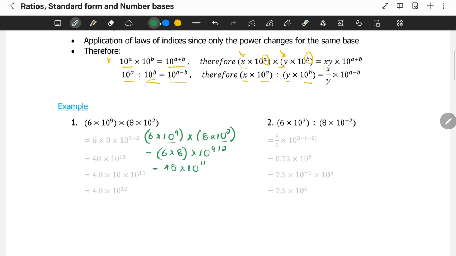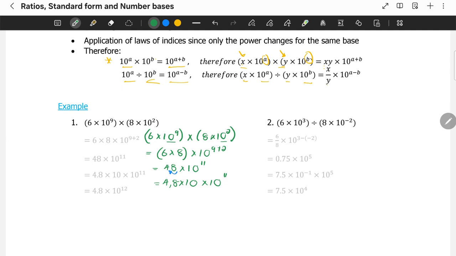But now remember that this 48 is not in standard form, because we have 2 digits before the comma. So the comma is going to move one place to the left, and that gives us 4.8 times 10, then times 10 to the power 11.